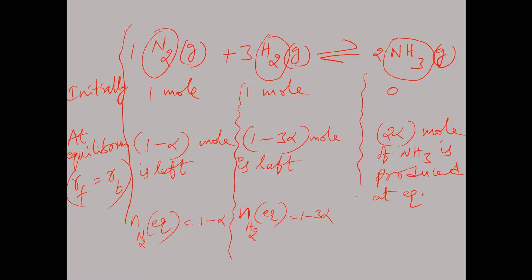The number of moles of ammonia at equilibrium is 2 alpha. So 1 minus alpha moles of nitrogen is left over, 1 minus 3 alpha moles of hydrogen is left over, and 2 alpha moles of ammonia is produced here.